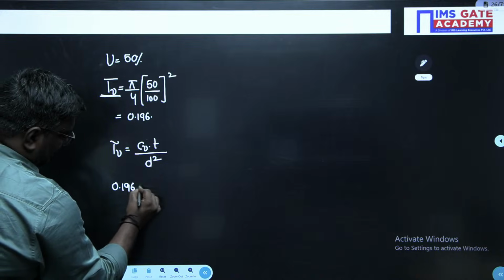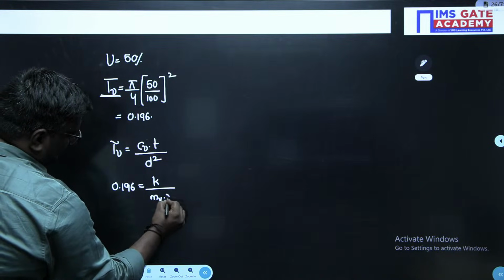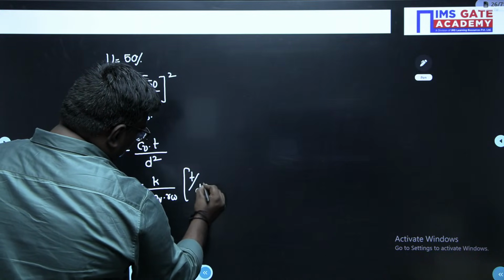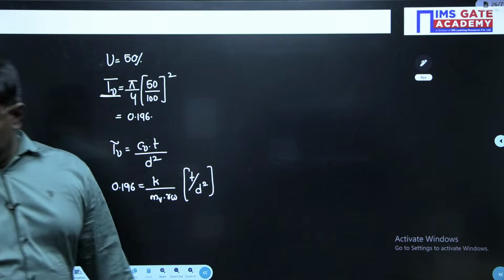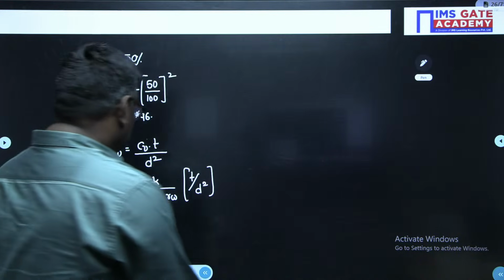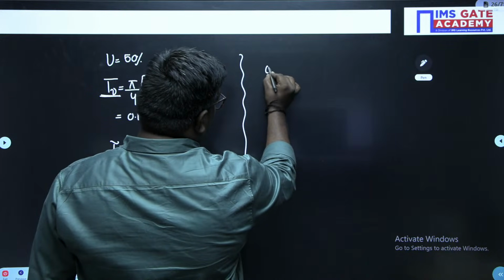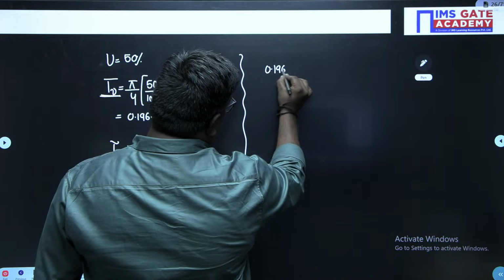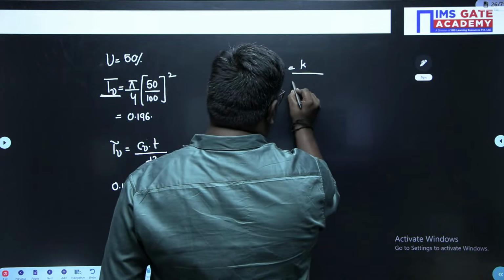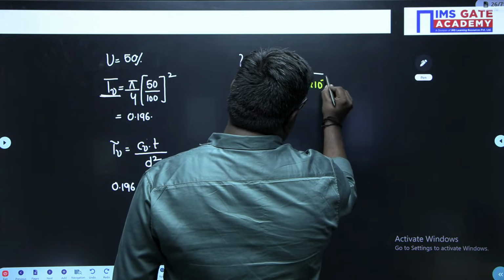And Cv can be written as k upon mv into gamma w, t upon d square. This is the formula. So in the question, what is mv given? Here mv is given as 1.51 into 10 power minus 3.